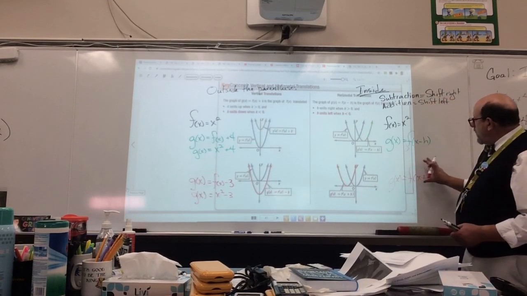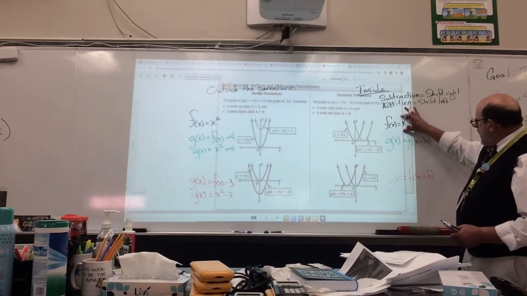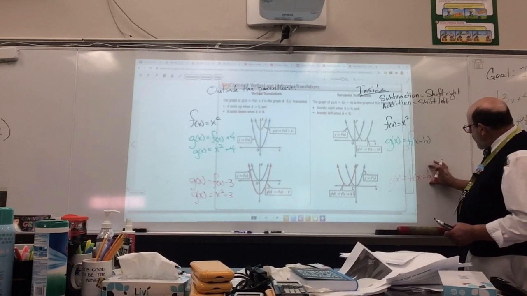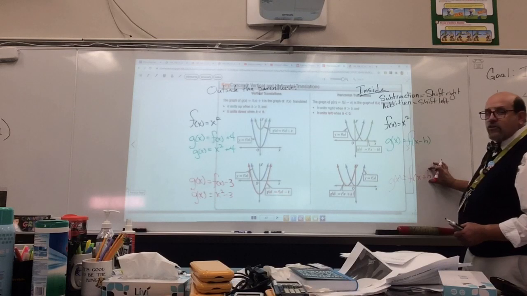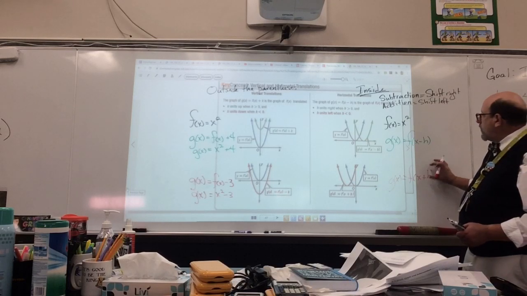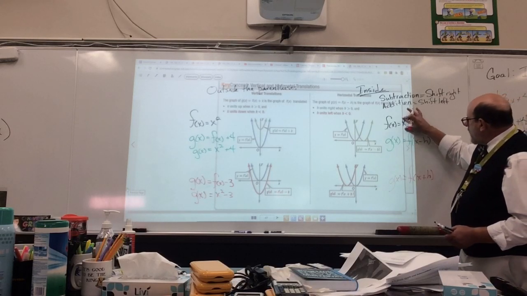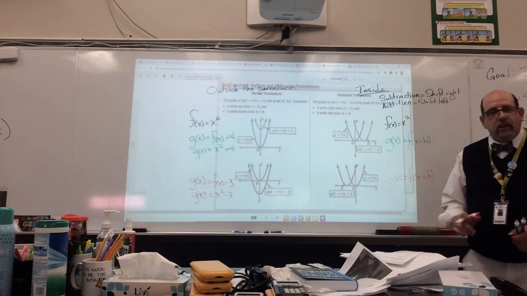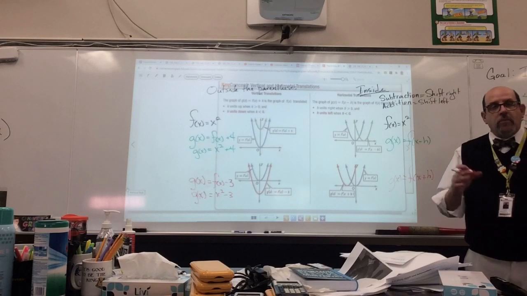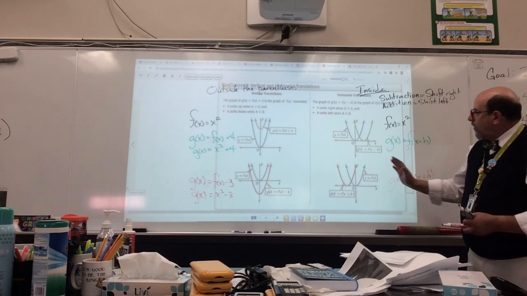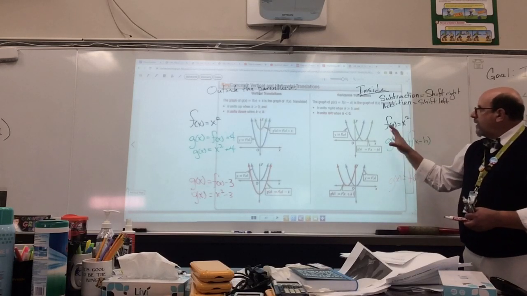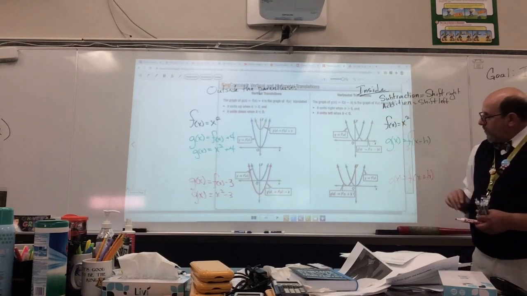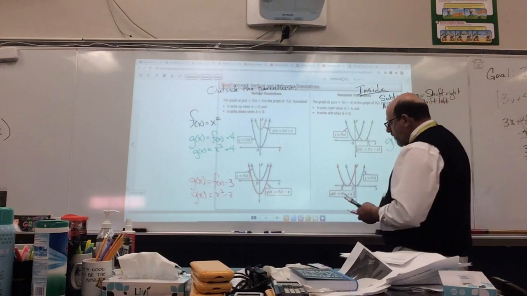But this makes us go back here, and every time we see x, we put in x plus h. Okay, that's what this tells us. We go back here, and every time we see x, we put in x minus h. And that shows us a shift to the left. I hope you understand that. This is for our left and right, and our up and down, right? Our vertical and our horizontal.